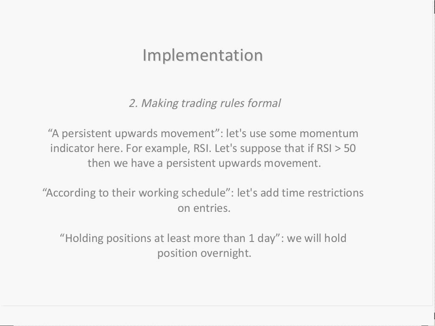Use these guidelines. So in this example, we will use RSI, and we suppose, again, it's just a supposition, that if RSI is over 50, we have a persistent enough upwards movement.